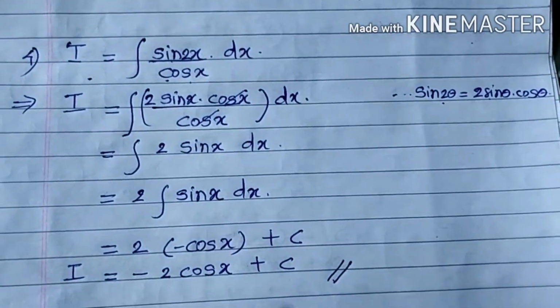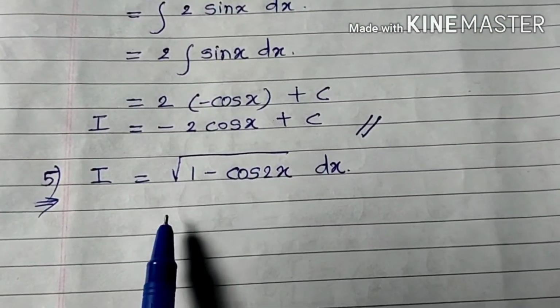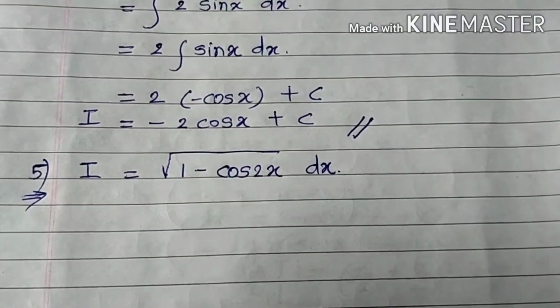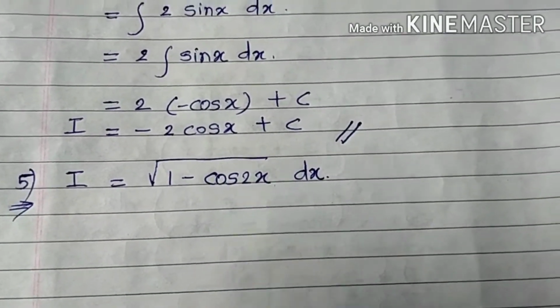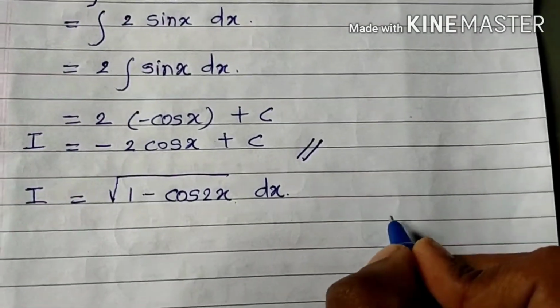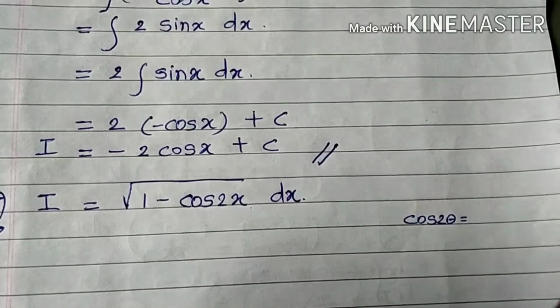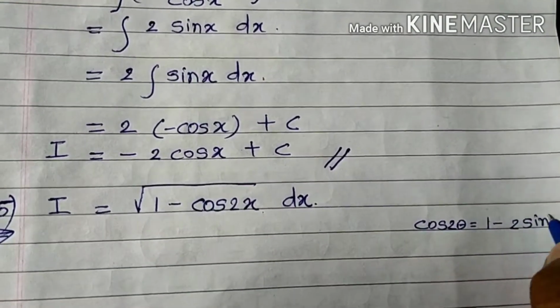This is your answer. Now next example is I is equal to integration of under root of 1 minus cos 2x. So here we have to use the double angle formula, which is like that: cos 2 theta is equal to 1 minus 2 sin squared theta.